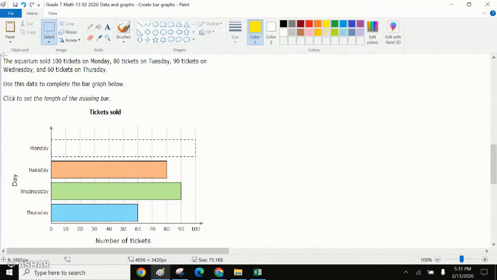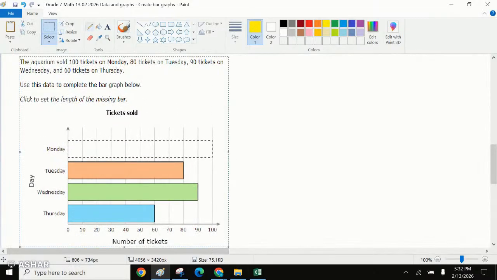Yeah, it's selecting, just a moment. So this was our question number 8. It says the aquarium sold 100 tickets on Monday, 80 tickets on Tuesday, 90 tickets on Wednesday, and 60 tickets on Thursday. So simple.